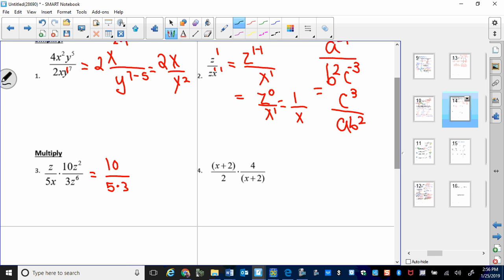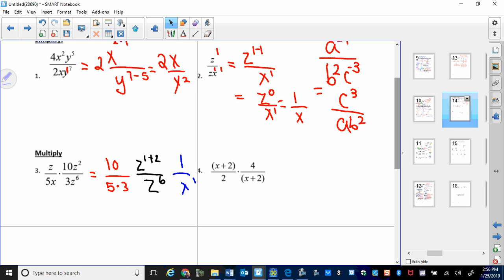Then I have z to the 1 plus 2. We're multiplying those things on the top. And then I have z to the 6th. I'm just putting things together part by part. And then I have x to the 1 on the bottom.